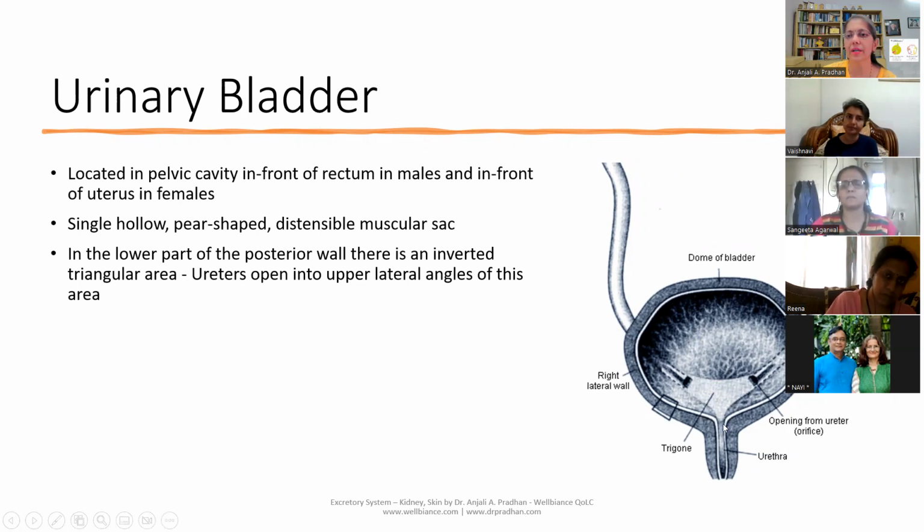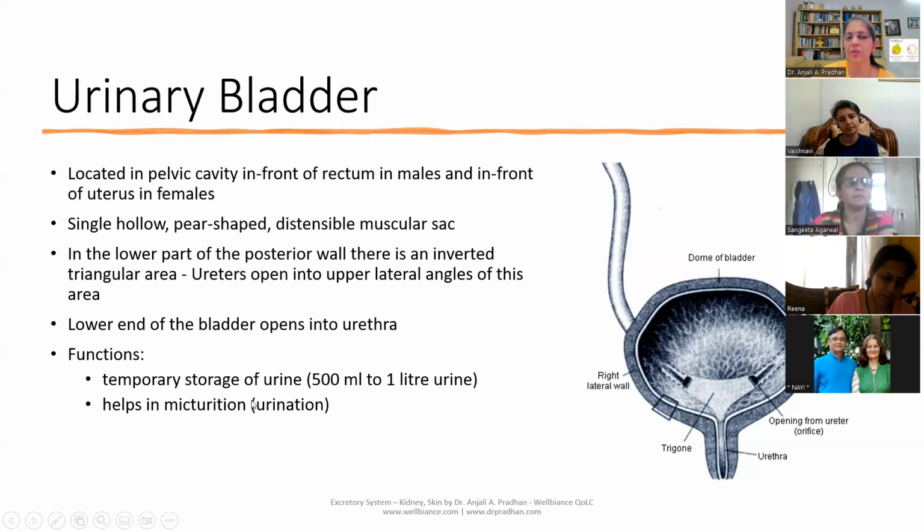Into the upper lateral angle of this area, यहाँ पे ये open है. Lower end of the bladder opens into urethra. So ureter जो है वो bladder में open होता है और bladder जो है वो urethra में open होता है. Correct?